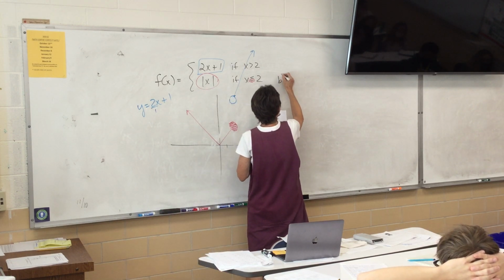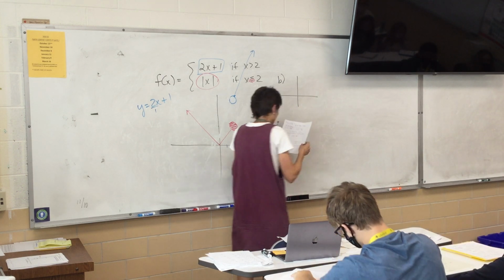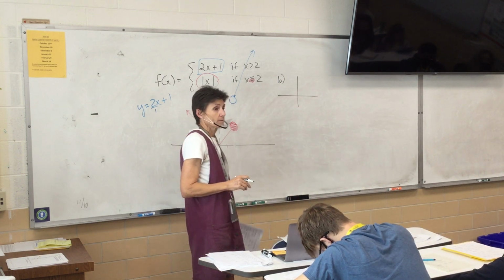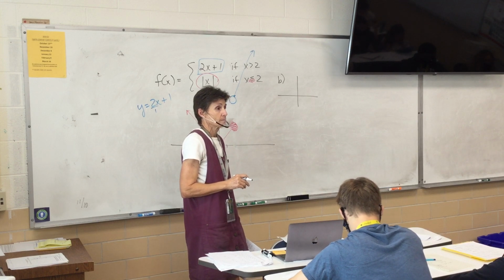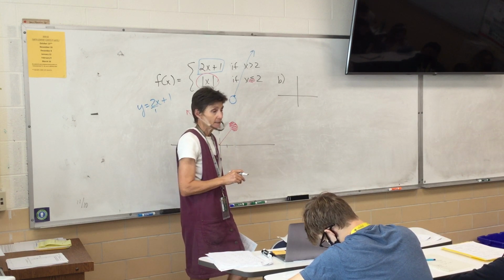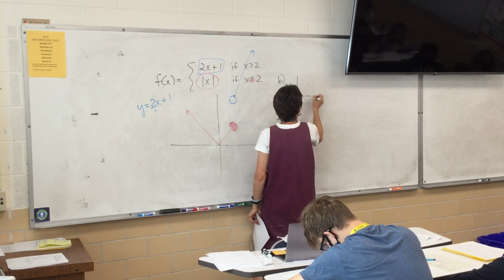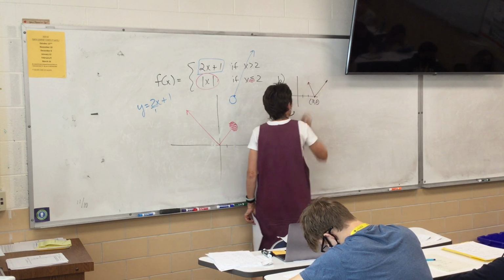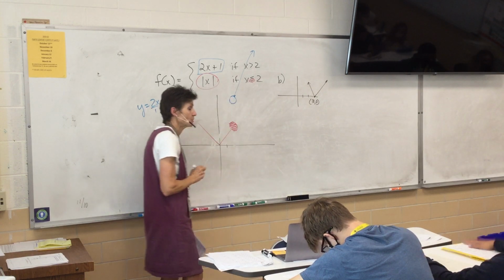What does B look like? It's a V and it's right 3. So label your point and draw your V. That's all there is to it.